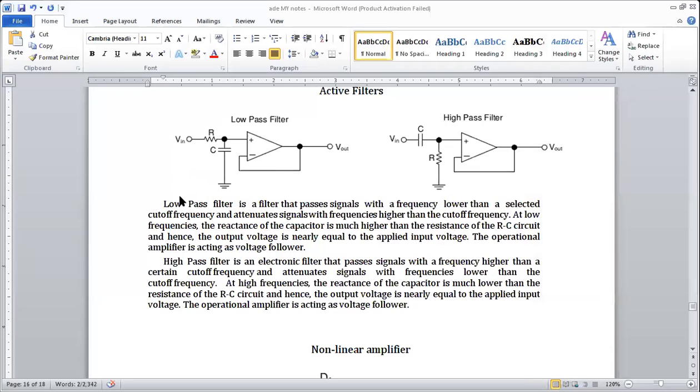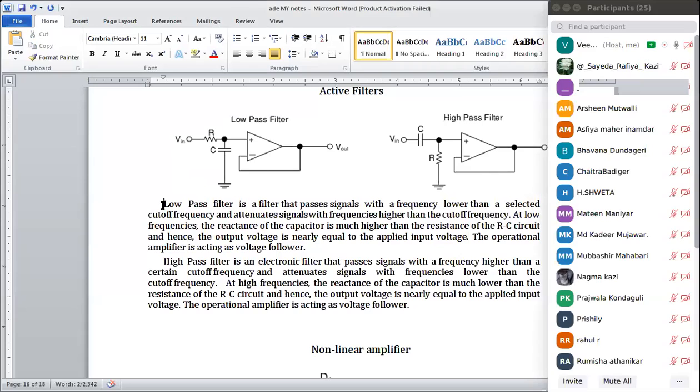So a low pass filter passes signals lower than a selected frequency. Say suppose I set a frequency which should not be more than 5 kilohertz.